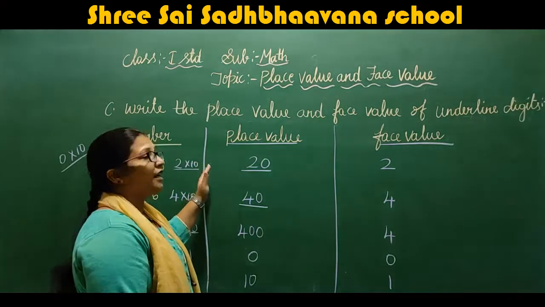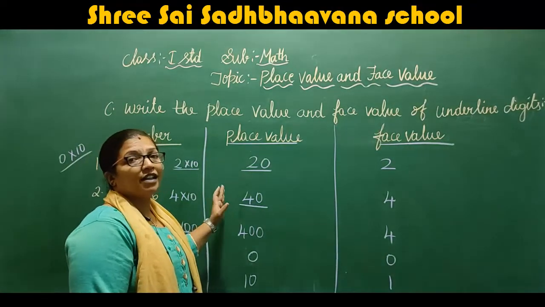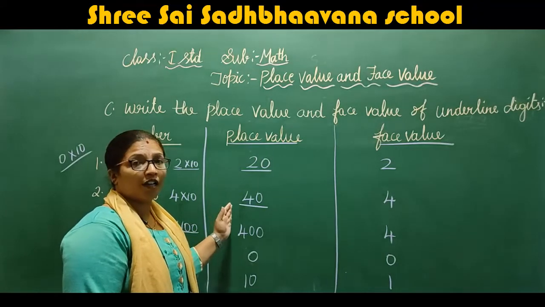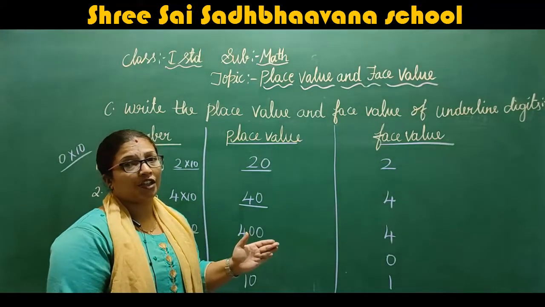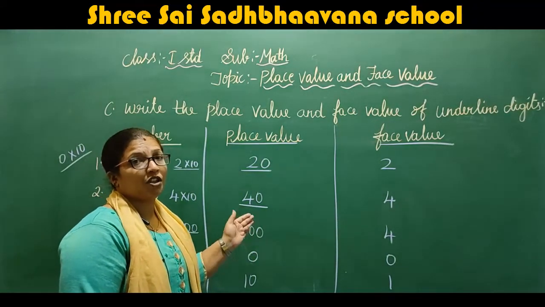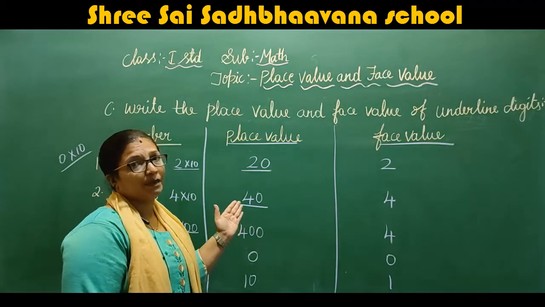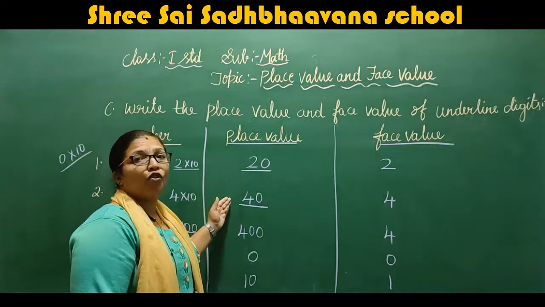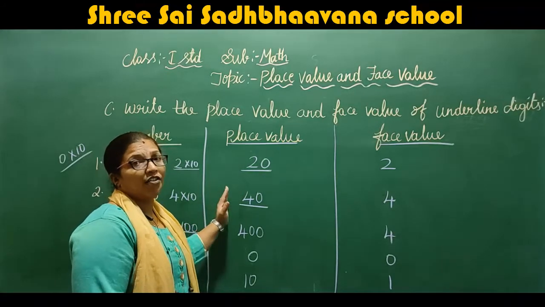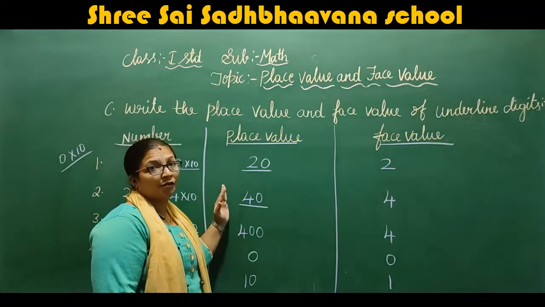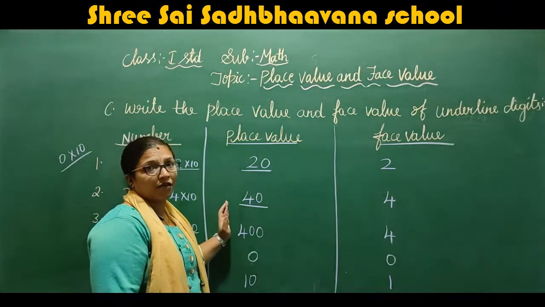Once again I am saying, in place value, the digits will change according to the position. In which position is it? If it is in the tens place, ones place, or hundreds place, the value of the digit will change. The value of the digits will change in place value.